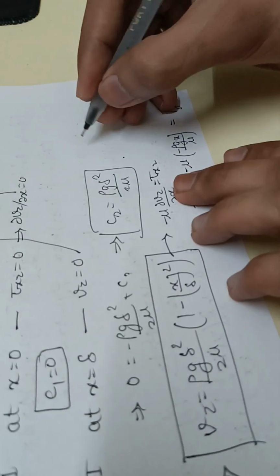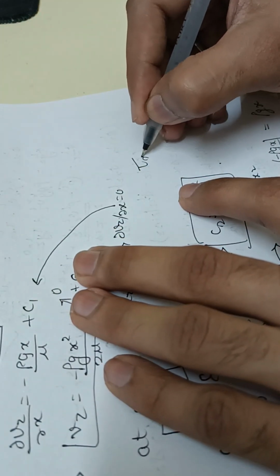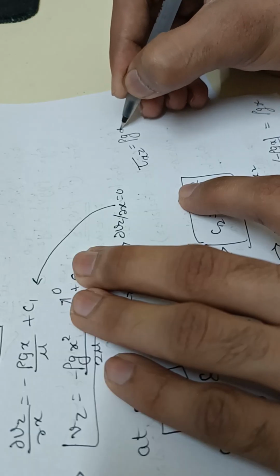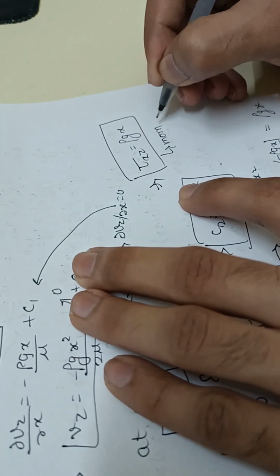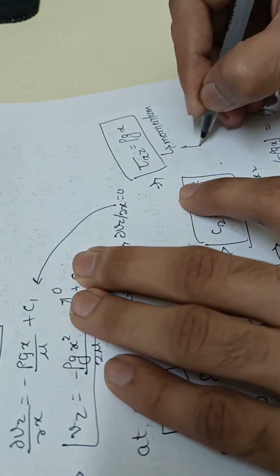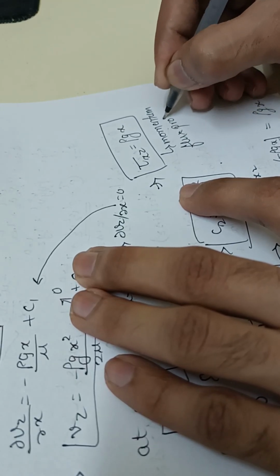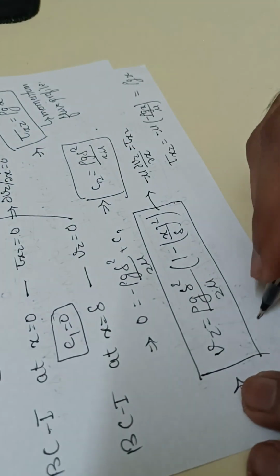That is, tau xz is equal to rho g x. This is the momentum flux profile, and what we found earlier is the velocity profile.